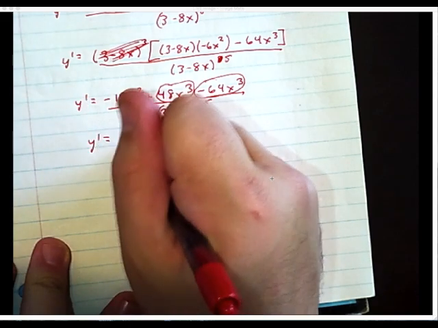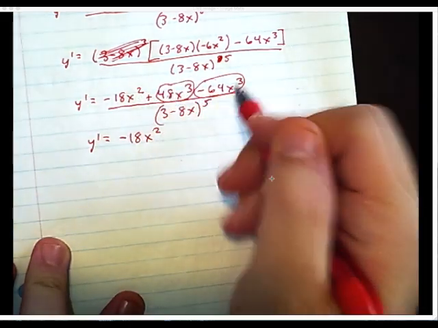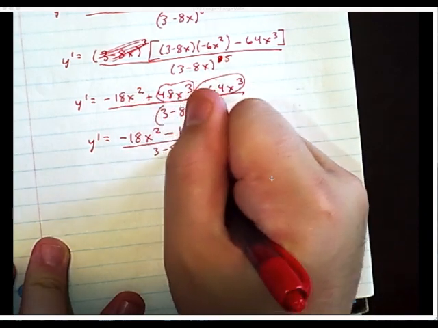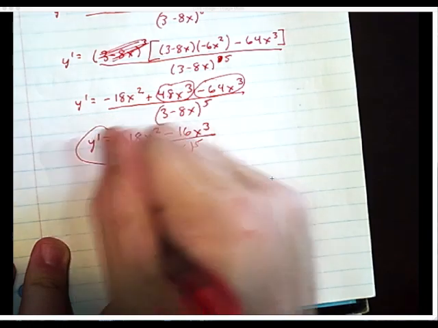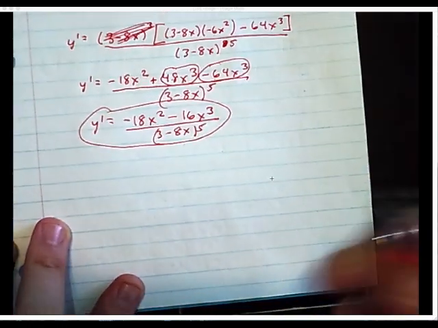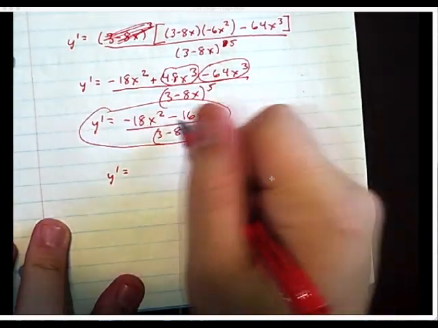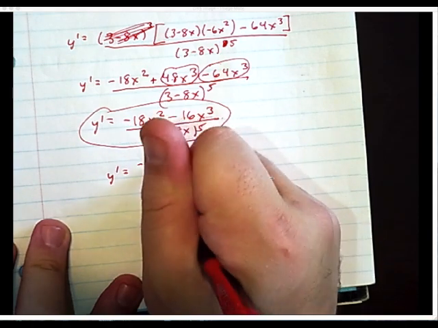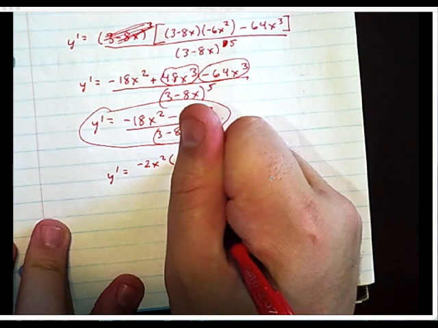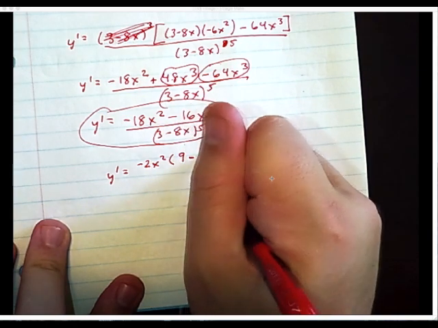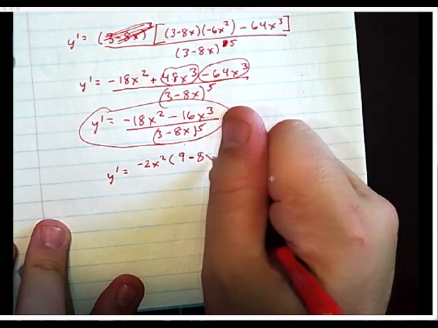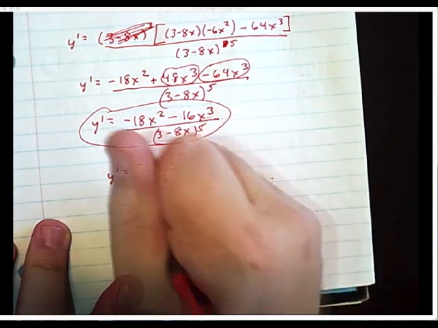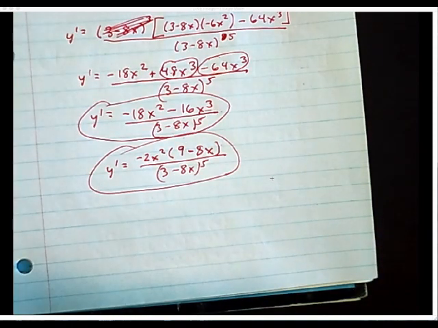So negative 18x squared, this minus this would be negative 16x cubed, over 3 minus 8x to the 5th. That's a better way to write it. Or you could even go further than that. You could take out a negative 2x squared there, and you would get 9 minus 8x. So those are even better.